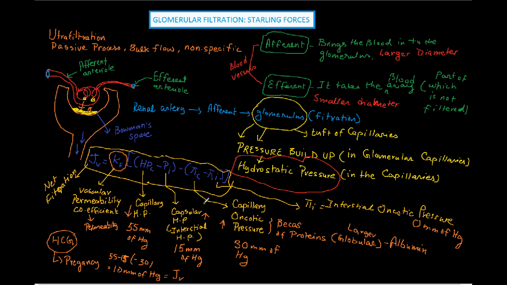And the Starling forces, if the J sub V, the net filtration, is a positive value, then the fluid is coming out from the vascular network.